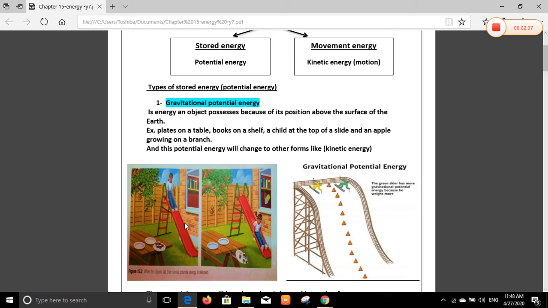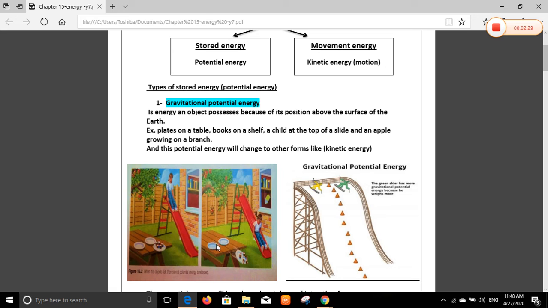What happens to this potential energy? It will change to other forms, like kinetic energy. Look at the girl. When she starts to push herself, the potential energy inside her body changes to kinetic energy.